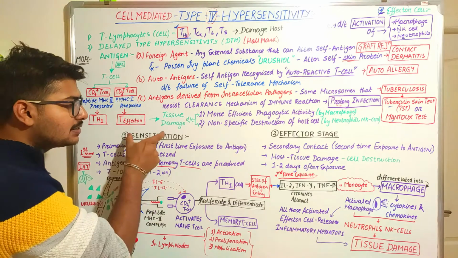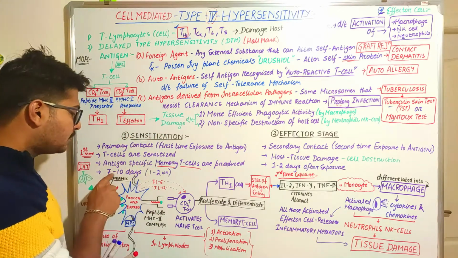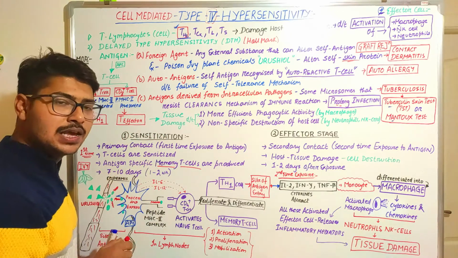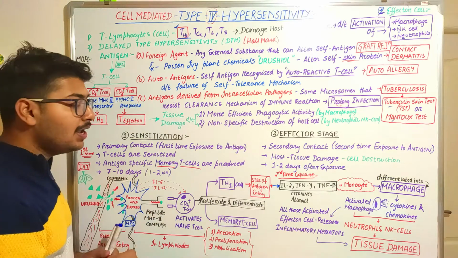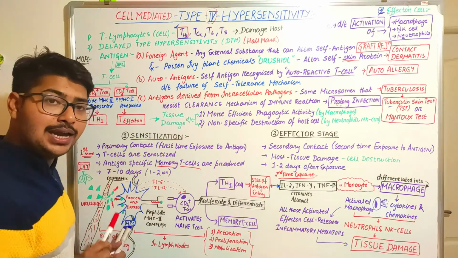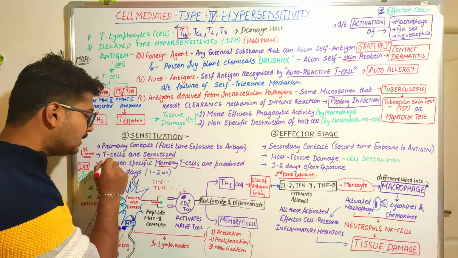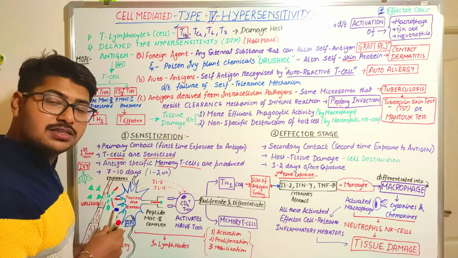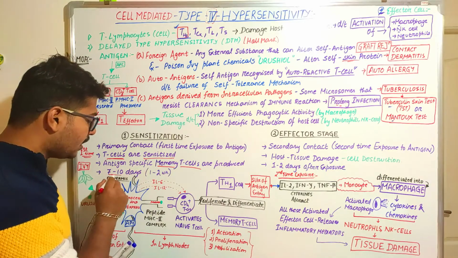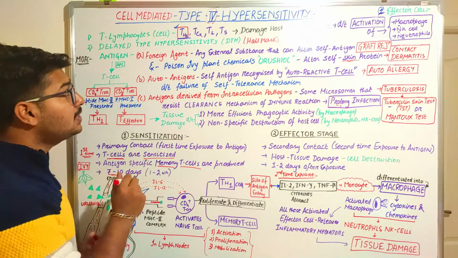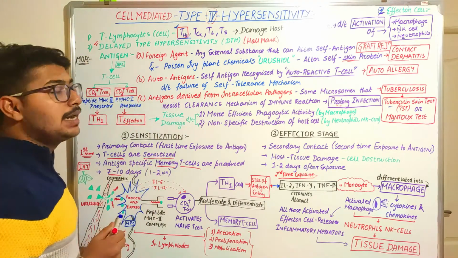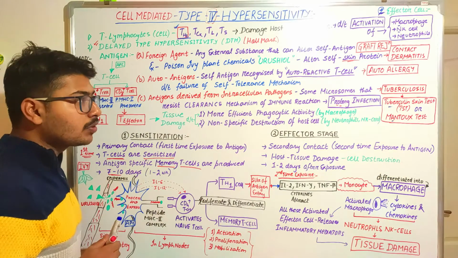This sensitization process takes place for 7 to 10 days. As it takes 7 to 10 days for the first time sensitization of a T cell, that is the reason why it is known as delayed type of hypersensitivity.